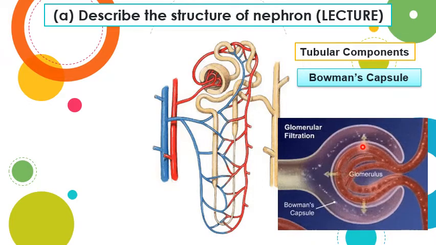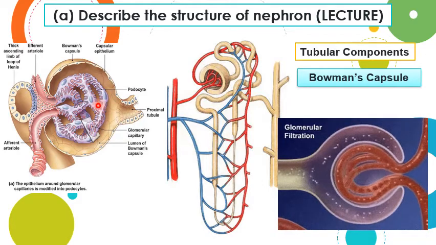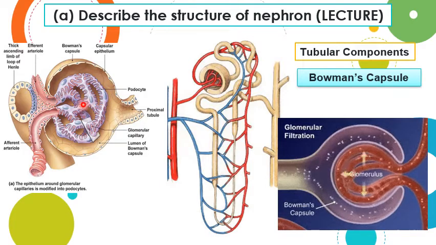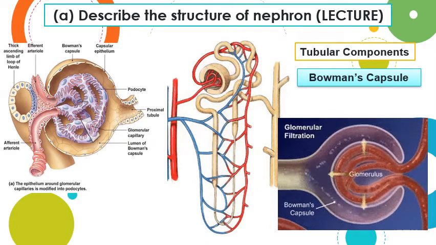The Bowman capsule consists of podocyte cells that have feet to wrap around the glomerulus capillary. The function of the podocyte cells is to help in the ultrafiltration process.